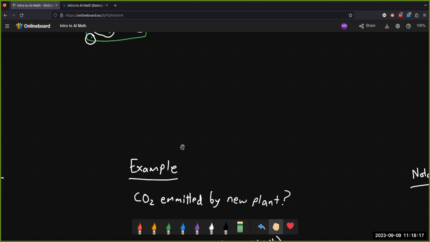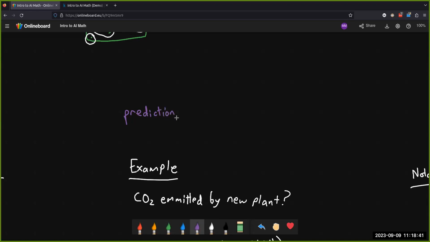So can we create an AI model that will help us predict how much CO2 this new plant, that we haven't yet built, that we just have plans for, would emit once it were built? So this is a prediction task. We're trying to predict something that's going to happen in the future.